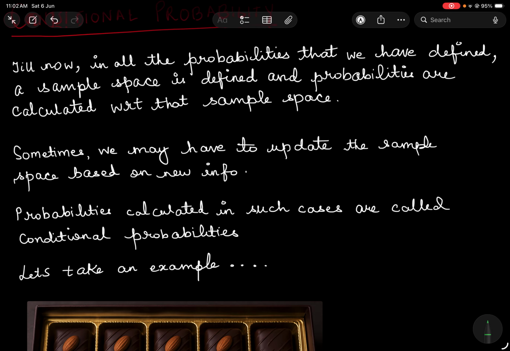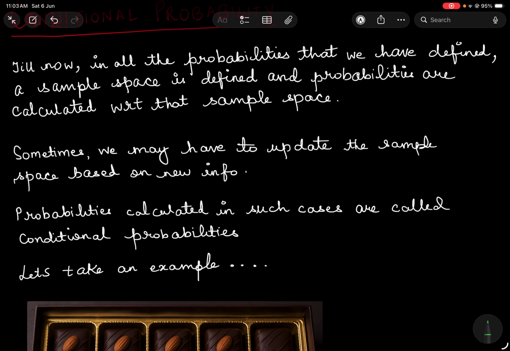If there is some additional information which you can include in your calculation, that may change the probability of the event. So including that information is very crucial, and probability is calculated in such cases.